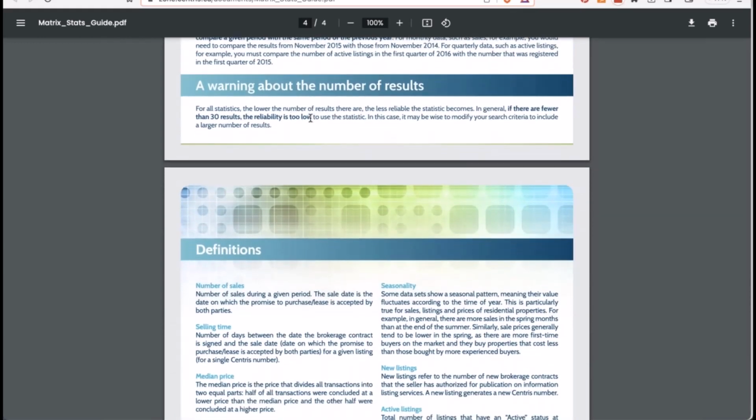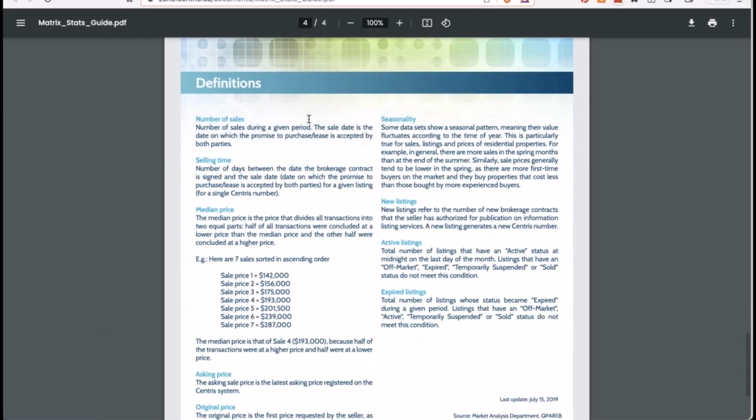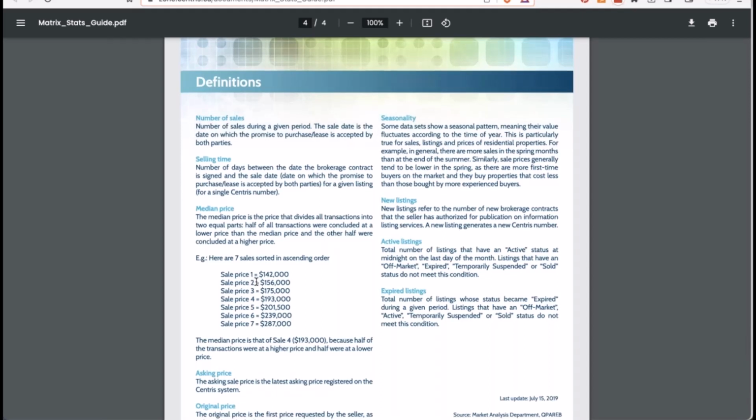You also need to have enough results to be able to come to a conclusion and establish a trend. And then you also have several definitions here that are available to you. So what is the median price and the average price? We recommend to always use the median price because the average takes every single price and will give you an average, whereas the median will single out the extremes.